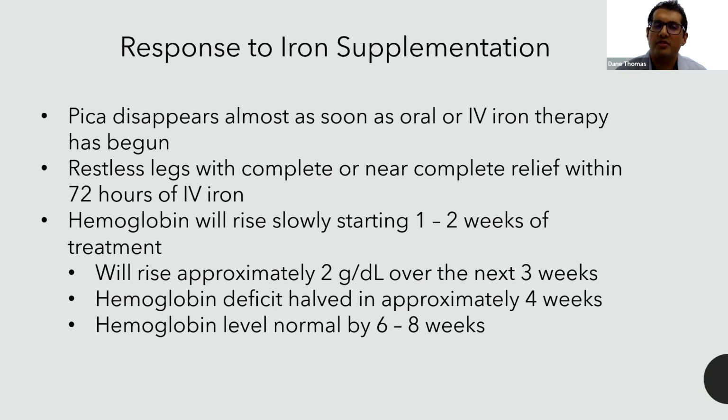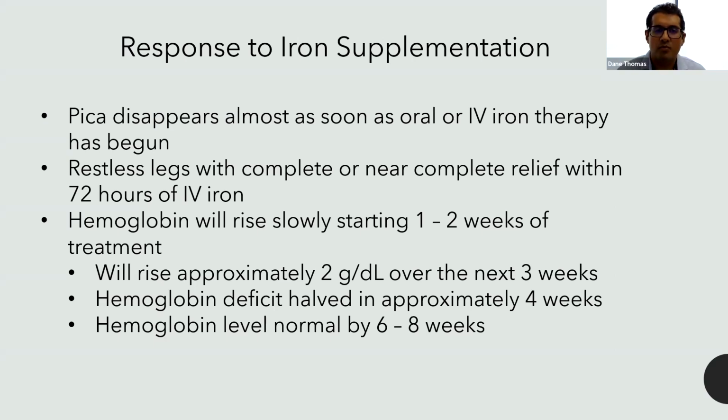Typical responses to iron supplementation are important, and we try to counsel our patients so they have proper expectations. Pica symptoms typically disappear pretty quickly, almost as soon as IV iron therapy has begun. Restless legs tend to have complete or near complete relief within 72 hours of IV iron.